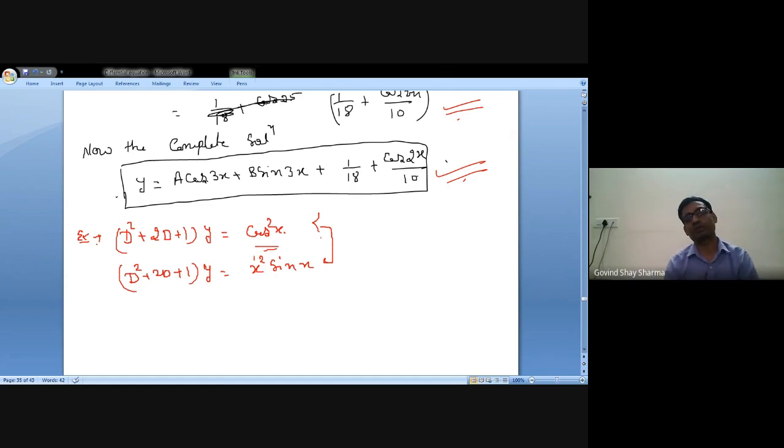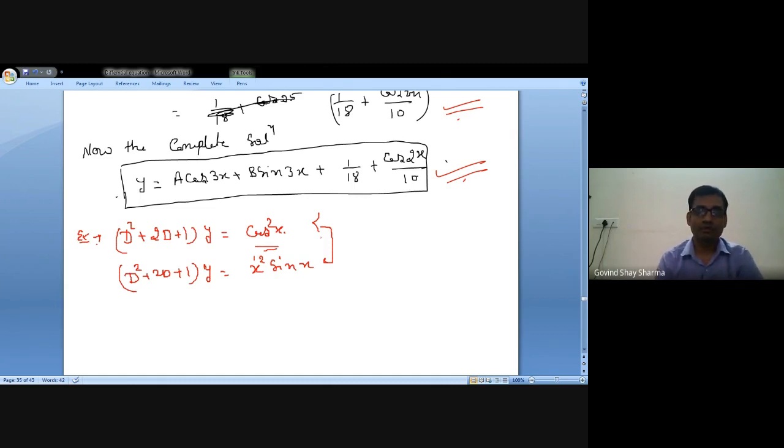You understand that when x is multiplied with the function, what step you have to take. You change the position, you change the method, you change the sin x cos x into the form of e to the power i type.